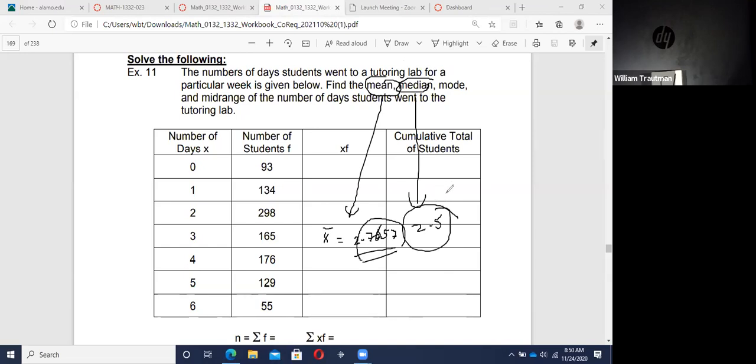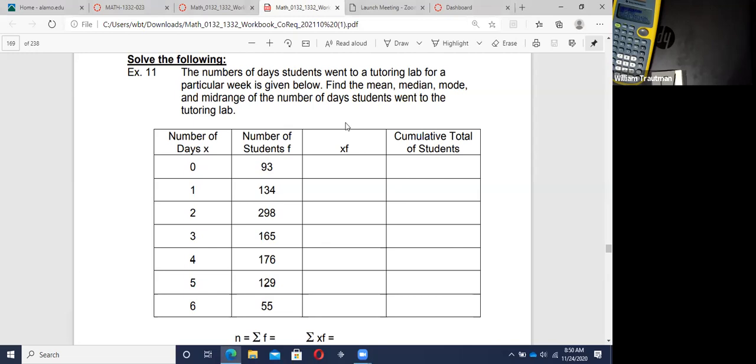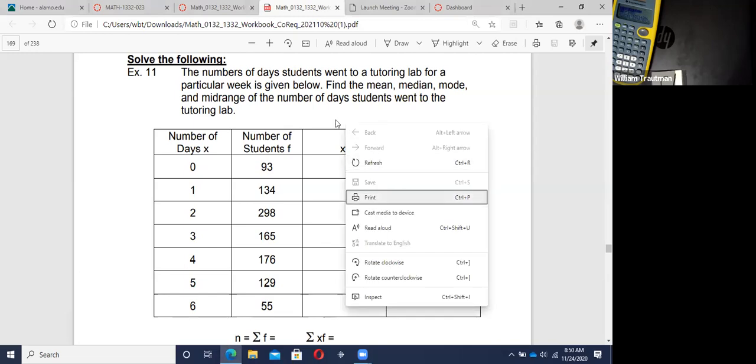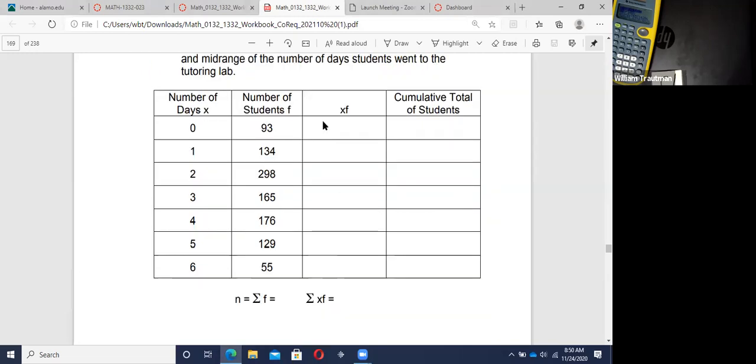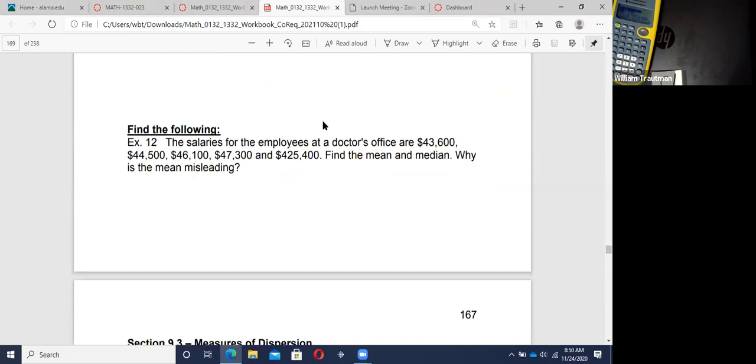So there's our median, the number in the middle, and there's our mean, 2.7657. Find the mean and median. We've already done that.